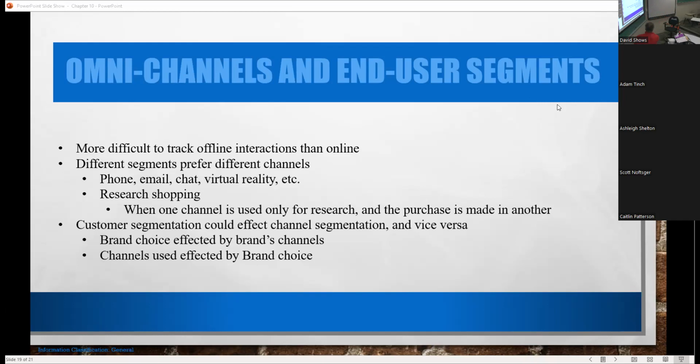You also have individuals such as myself that do research shopping and make a purchase in another way. And customer segmentation can affect channel segmentation: there are those who will buy only through one channel and ignore brands, and there are those who have brands and ignore channels. And so that's the whole thought about the omni-channel system.